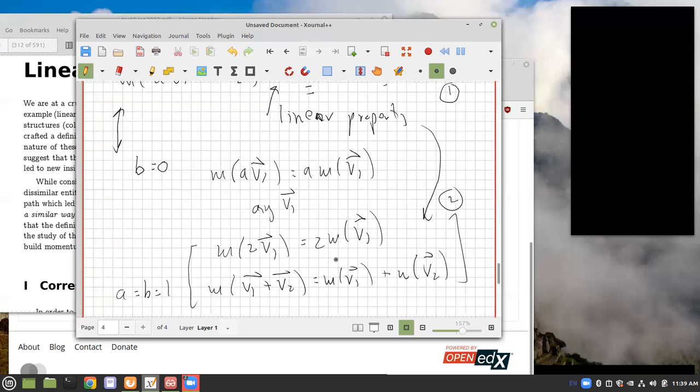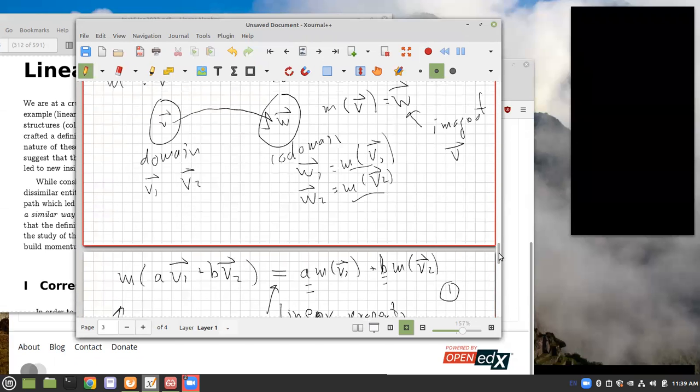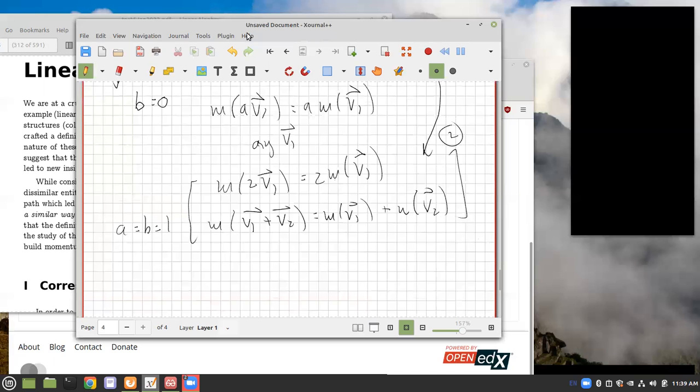This is version 2, and they're equivalent. If I know both of these for any number A, then I can prove the linear property. If I know the linear property, as we just said, these properties are just special cases, and if I know these, then I can reproduce the formula up here. Okay, well, that's the linear property.